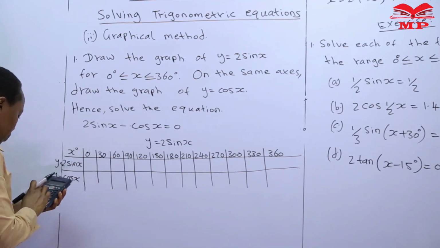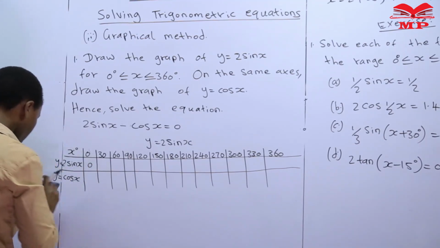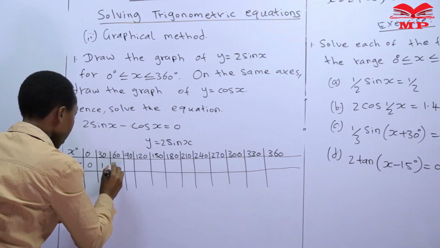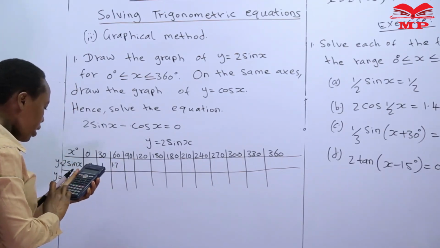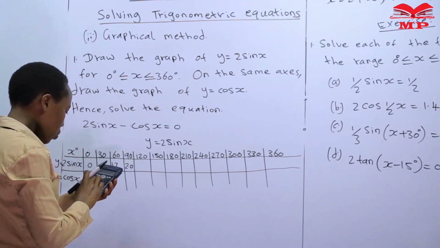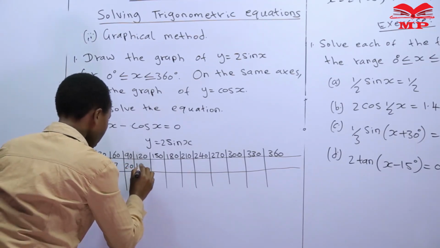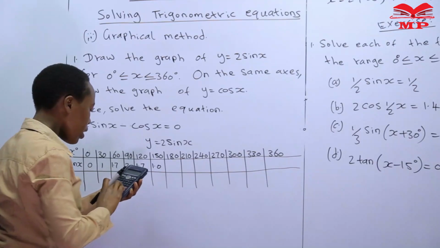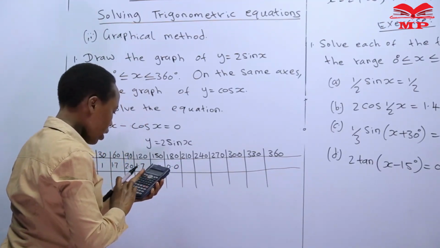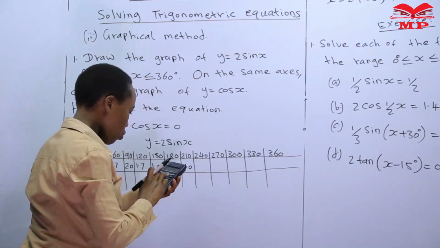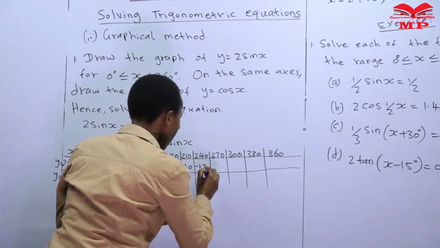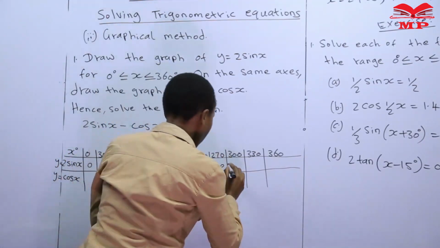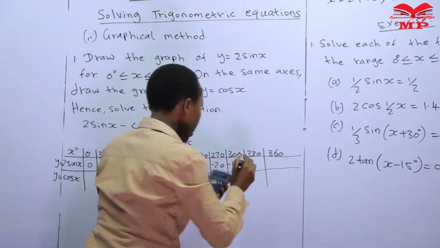So in this, we have 2 sine 0, which is 0. 2 sine 30, which is 1. 2 sine 60, which is 1.7. 2 sine 90, which is 2. 2 sine 120, which is 1.7. 2 sine 150, which is 1. 2 sine 180, which is 0. 2 sine 210, which is negative 1. 2 sine 240, negative 1.7. 2 sine 270, negative 2. 2 sine 300, negative 1.7. 2 sine 330, negative 1.